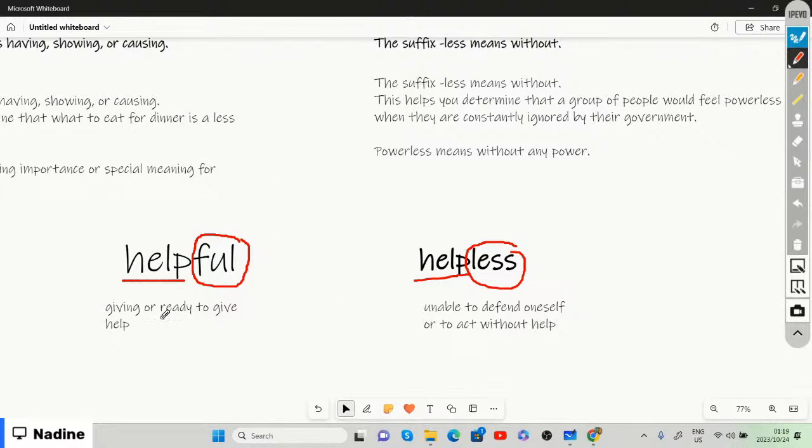And helpful is giving or ready to give help. You're showing that you are ready to give help. You're helpful. And helpless is unable to defend oneself or to act without help.